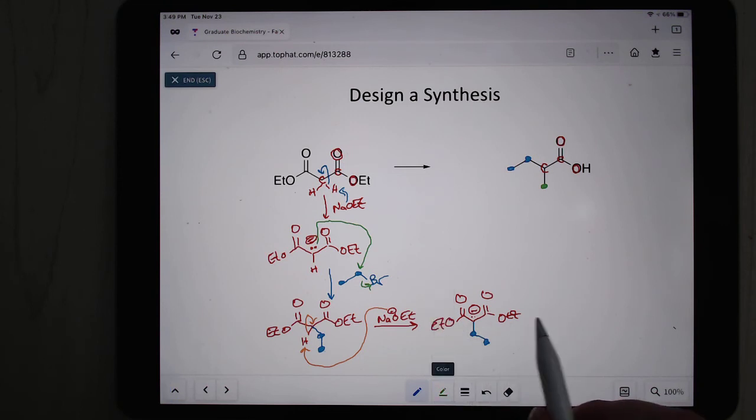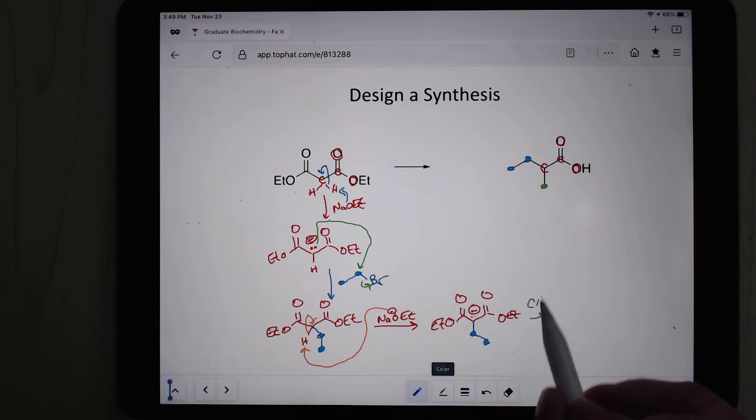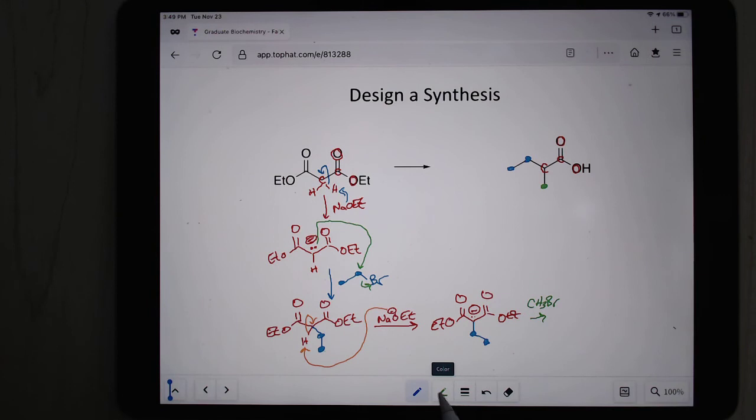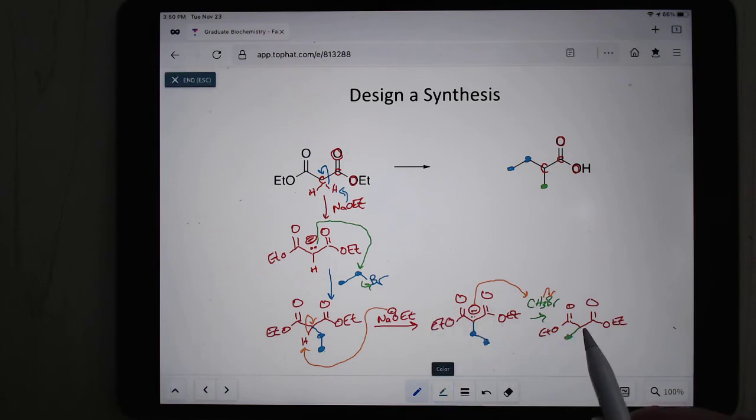And now we're going to be adding a methyl bromide, which again is going to attack here. Push that away, and so you're going to end up with this. And so now you've got your carbon pieces together. You've got a 1 carbon piece and a 2 carbon piece.